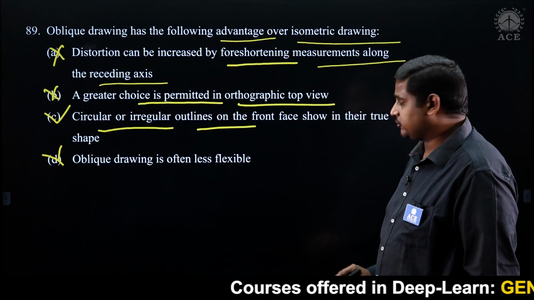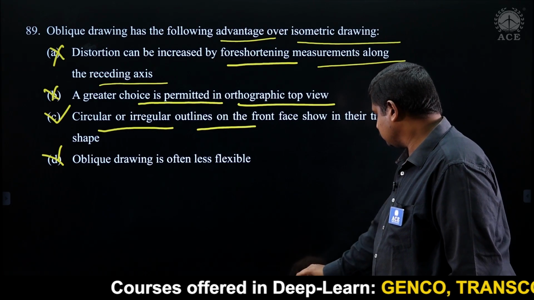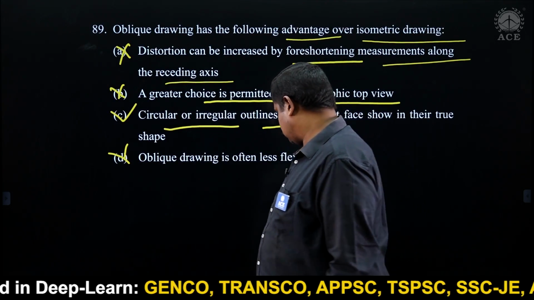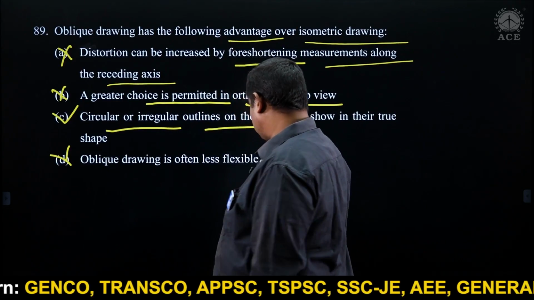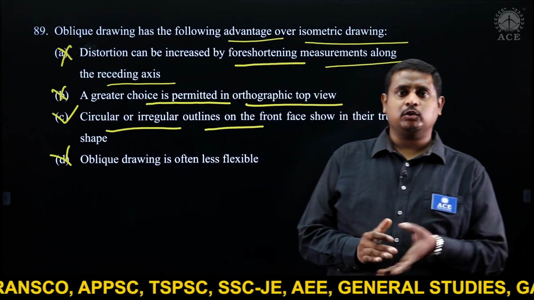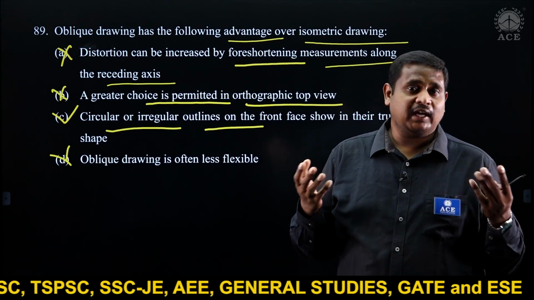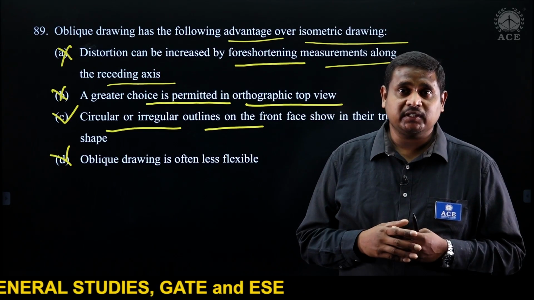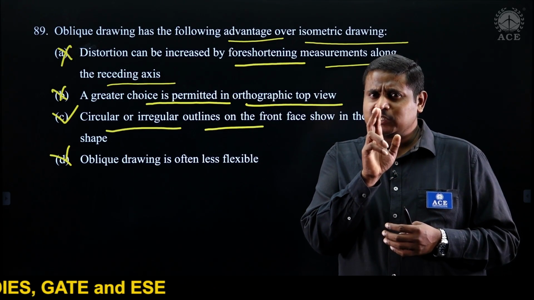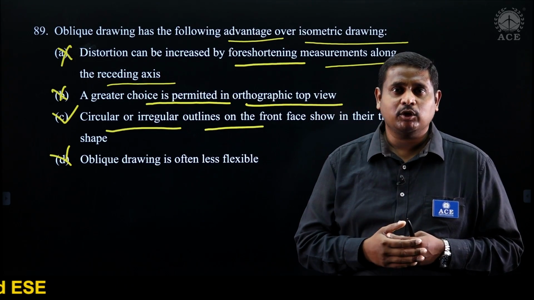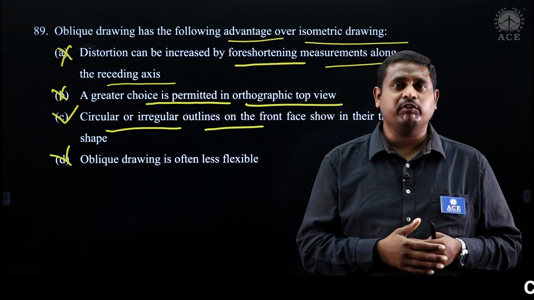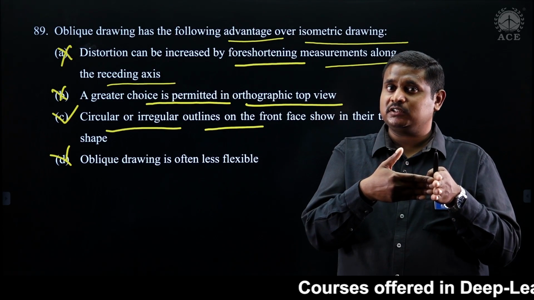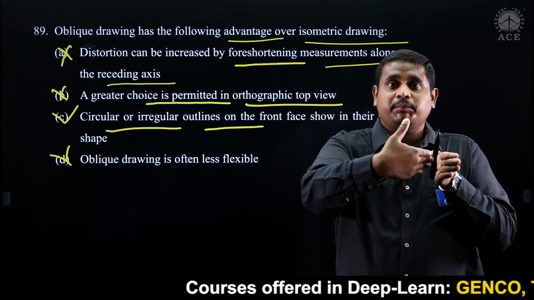Let us discuss, my dears. Oblique drawings or oblique projections are generally parallel line projections. The observer is at infinite distance and the rays of vision, or the projector rays from the observer's viewpoint, will be parallel to each other, but they will not be perpendicular to the plane of projection, they will be inclined to the plane of projection, my dears.